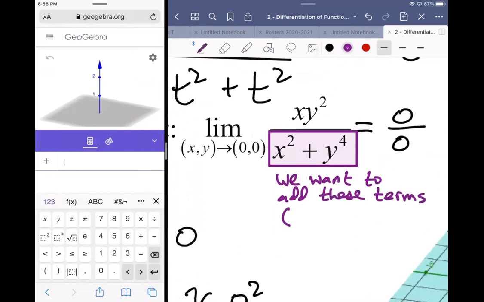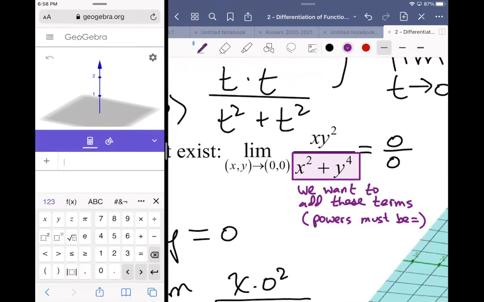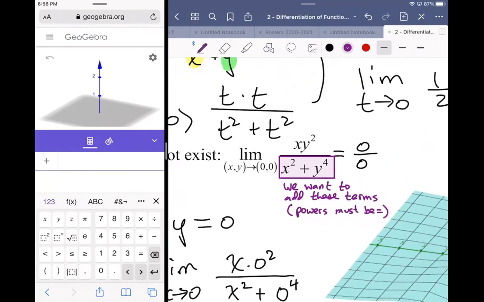So the powers have to be equal. So all we would have to do is figure out a substitution in terms of t for both x and y that would allow the powers to become equal to one another.